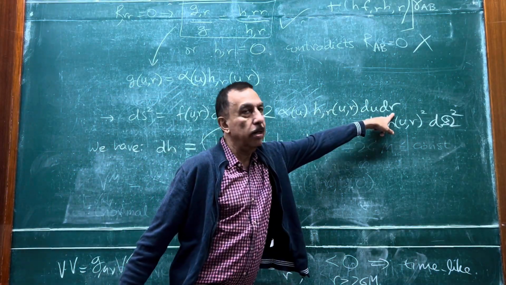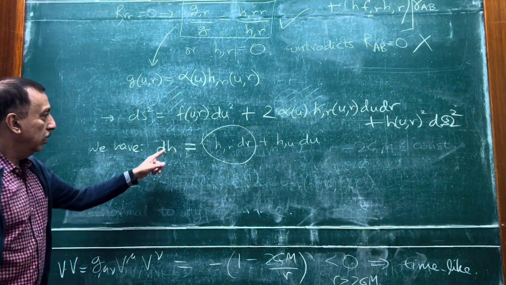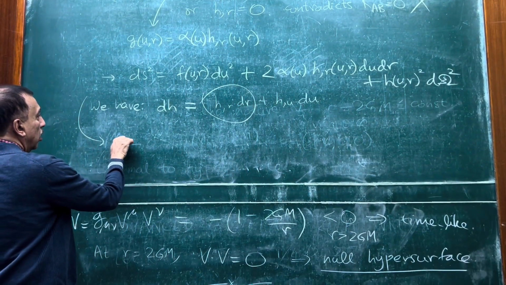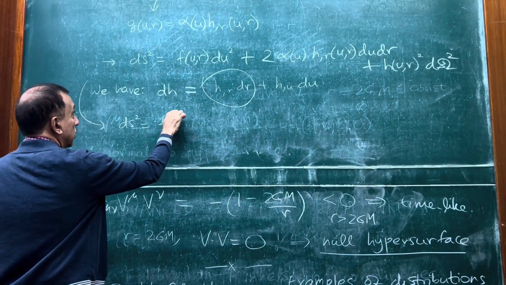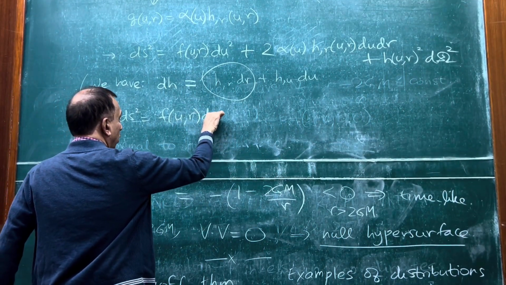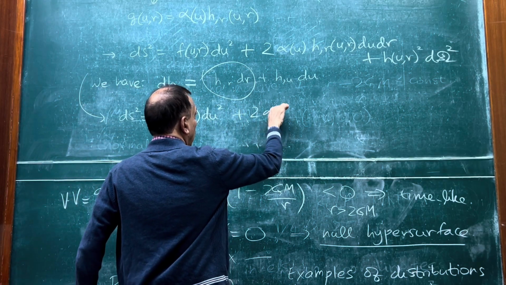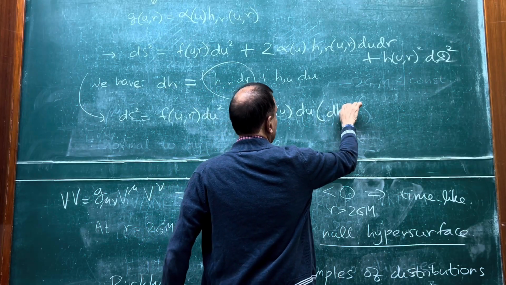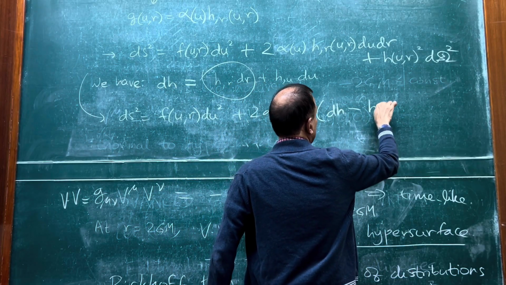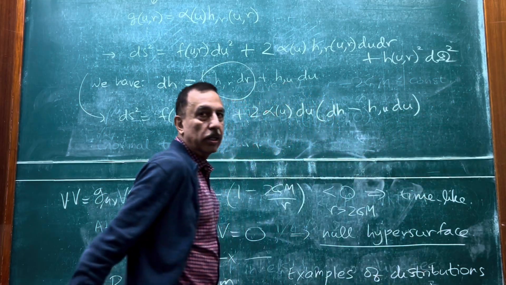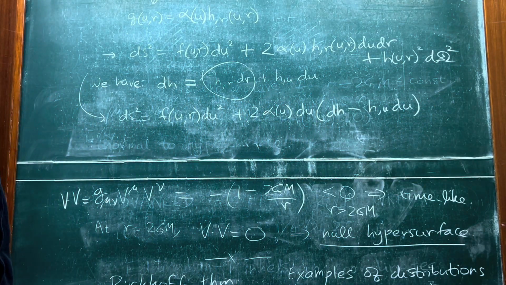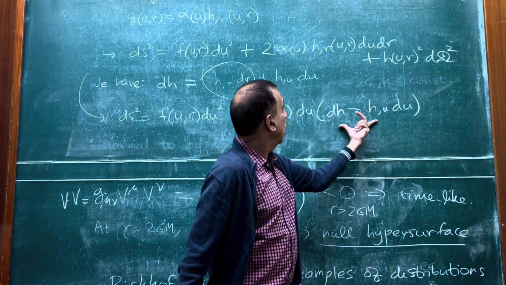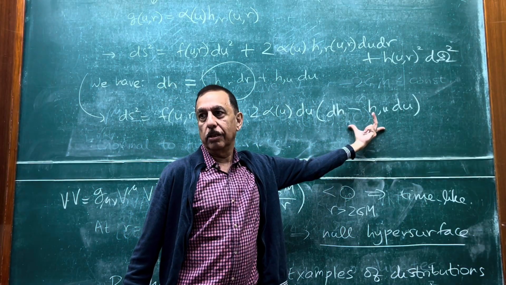Because here is H comma R dr. So I'll get rid of that by using this second equation. So my metric now becomes, nothing's changed in the first term yet, but it will soon, plus 2 alpha of u du times dH minus H comma u du. Is this clear? This step? Here I should have had H comma R dr, and I use this upper equation to do this.